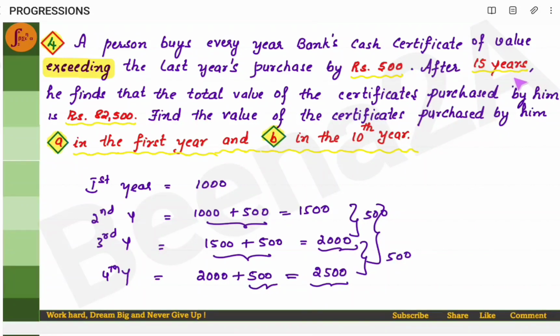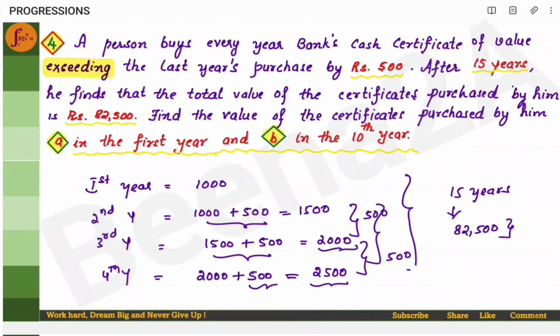Now after 15 years, he finds that the total value of the certificates purchased by him is rupees 82,500. What this means is, he will keep on purchasing certificates from the bank for 15 years, and after 15 years the total value of the certificates is 82,500 rupees, right?